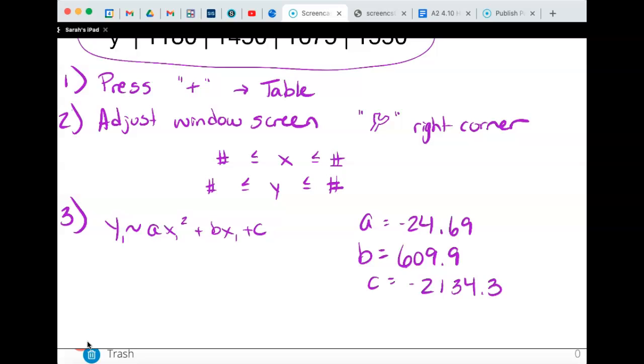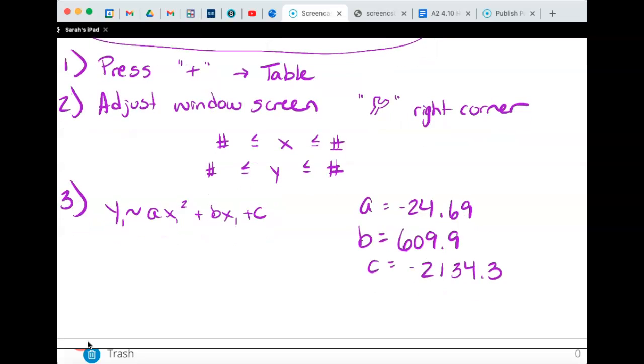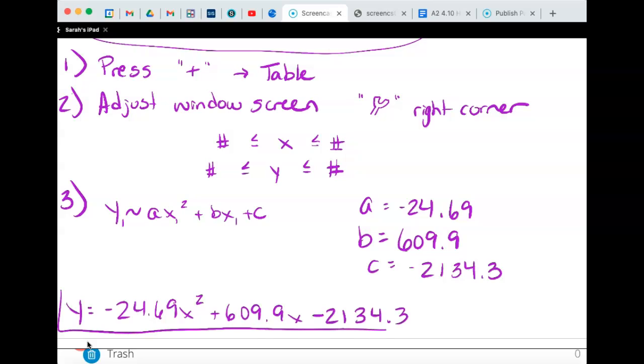Okay, so he got these lovely values, so basically I can write this into my general equation. So we have y equals negative 24.69x squared plus 609.9x minus 2,134.3. So this is the quadratic model that Desmos has generated for us.